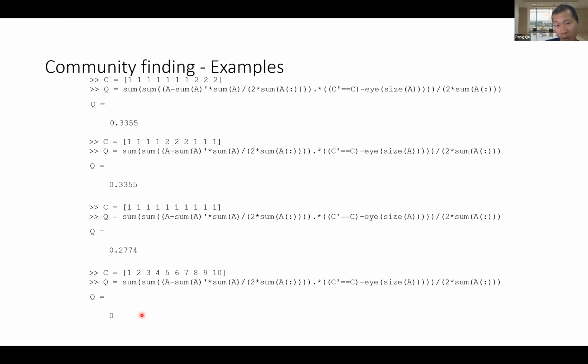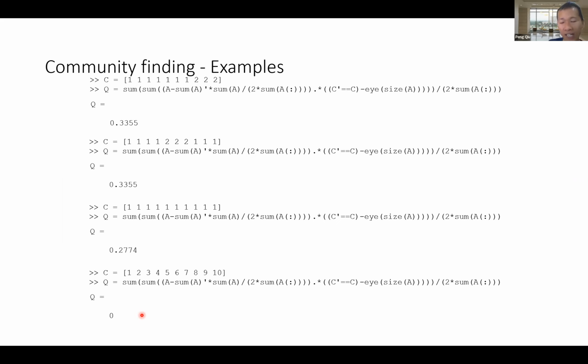So these examples are all intended to tell you that optimizing or maximizing modularity by finding a cluster solution usually will give you a good cluster solution with a proper number of clusters. Okay, but so far I actually have not really told you how to search the possible cluster assignment space to find the right solution.